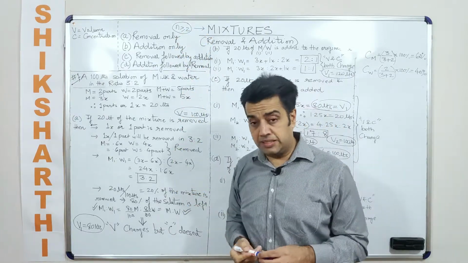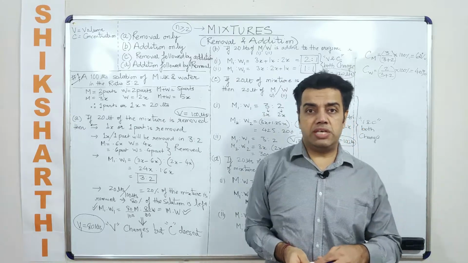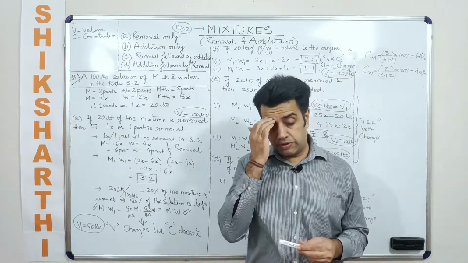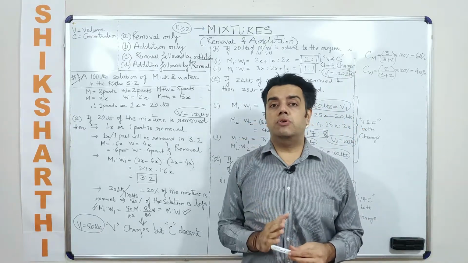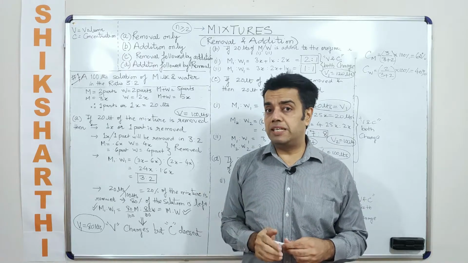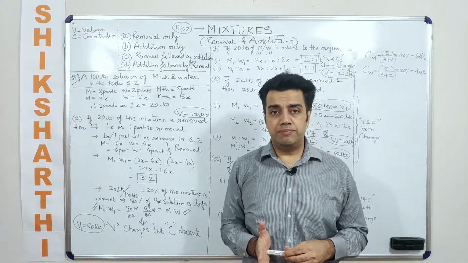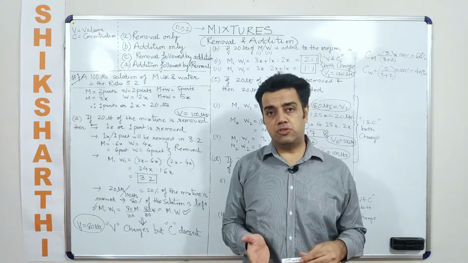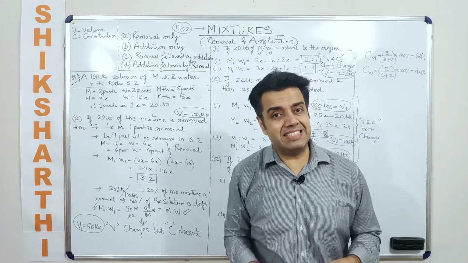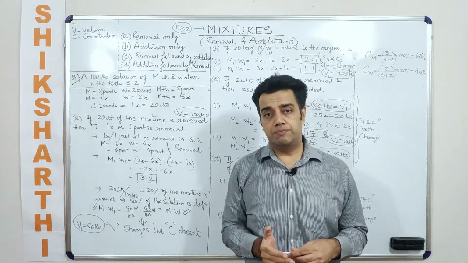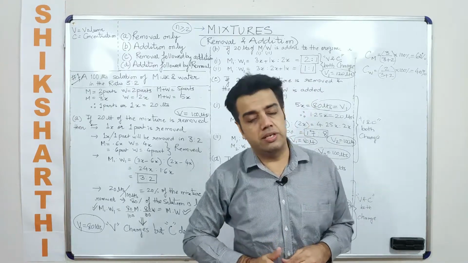Yes. The second question which arises here is, what can a mixture be formed of? Now when we are talking about mixtures, we are talking about the same kind of entities being mixed. For example, if it is liquid, we'll be mixing liquids only. If it is solids, we'll be mixing solids only. If it is a gas, we'll be talking about mixture of gases only. This is the second point to be understood here.